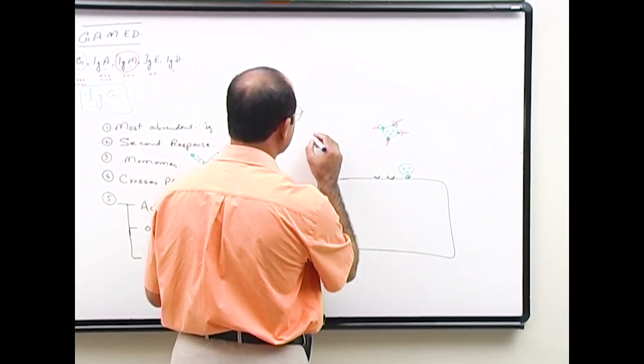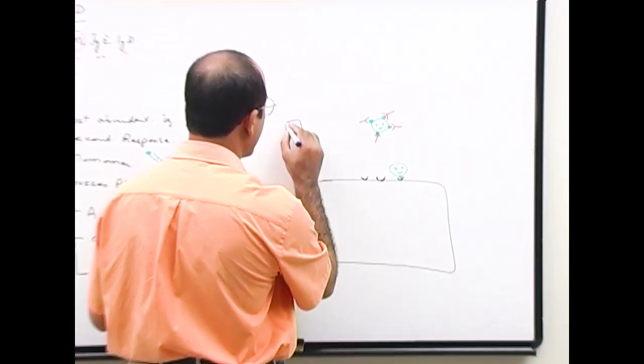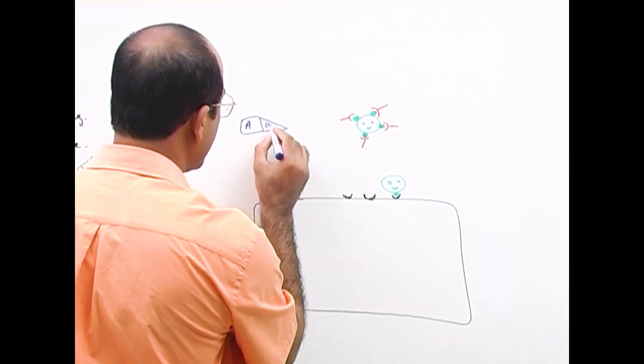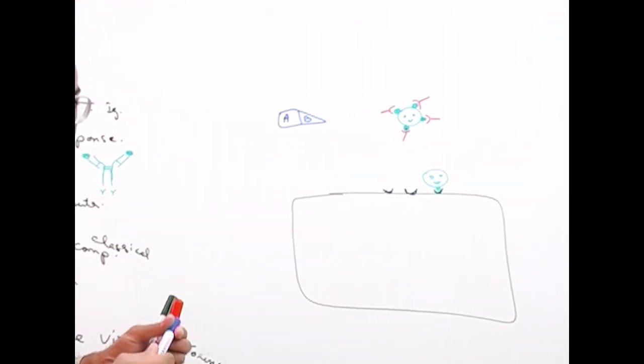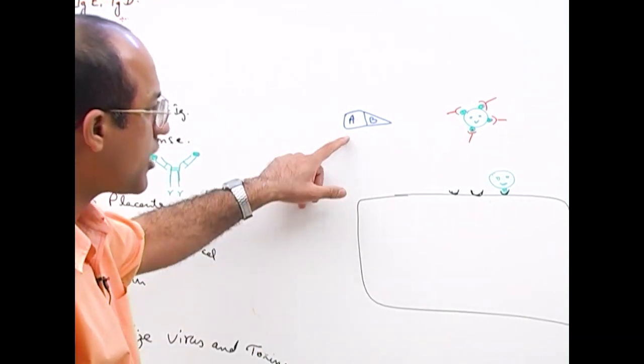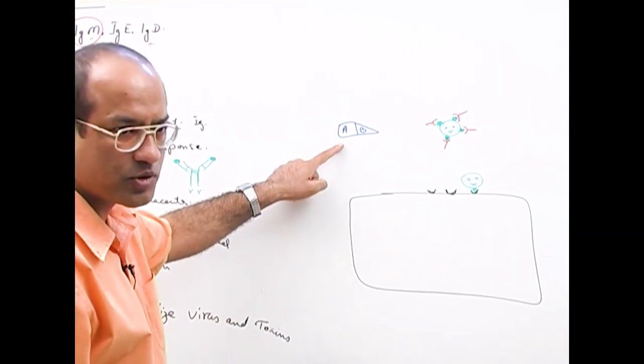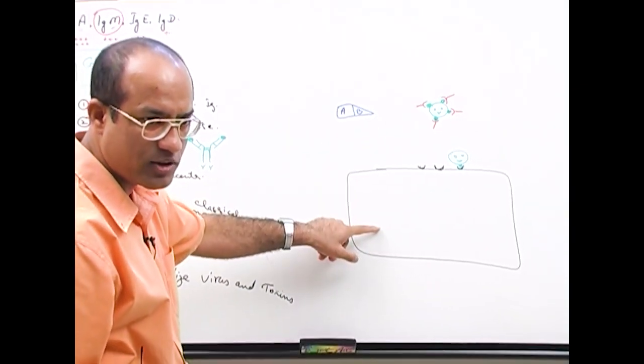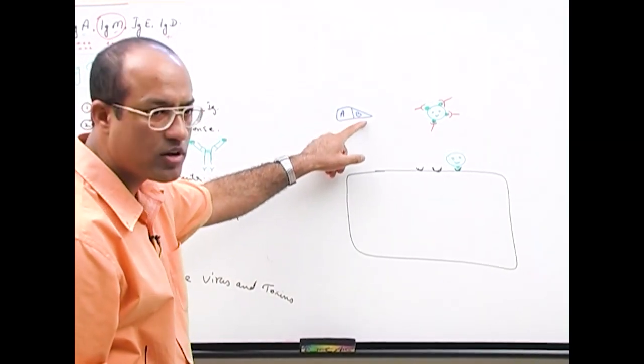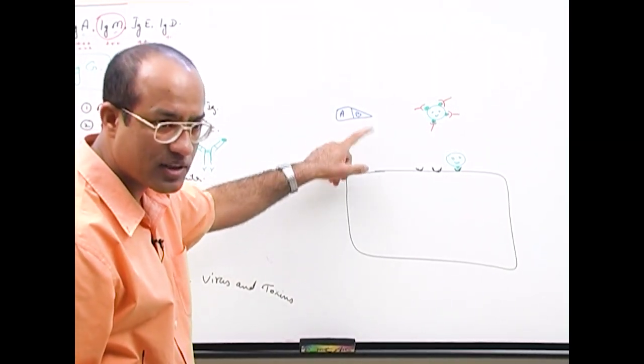Let's suppose there's a toxin which has an A component and it has one more component which is called the B component. Many toxins which are produced by bacteria have an A component, A for action, which produces toxic action in the cell, and B is for binding to the cell.